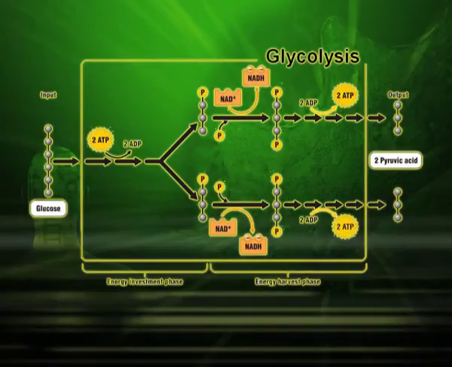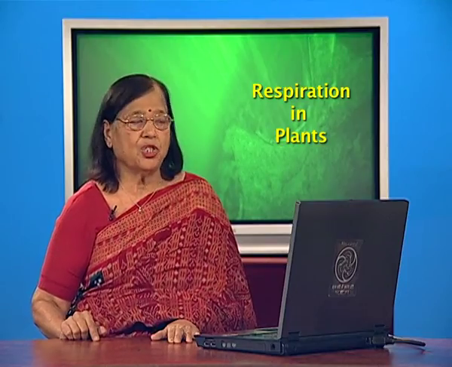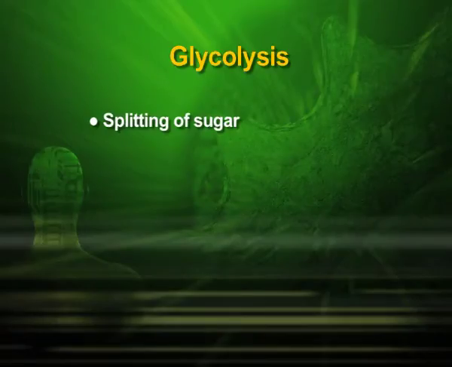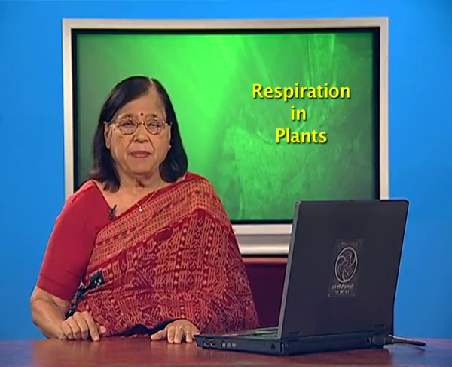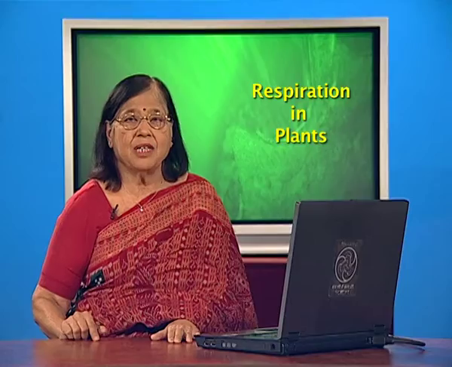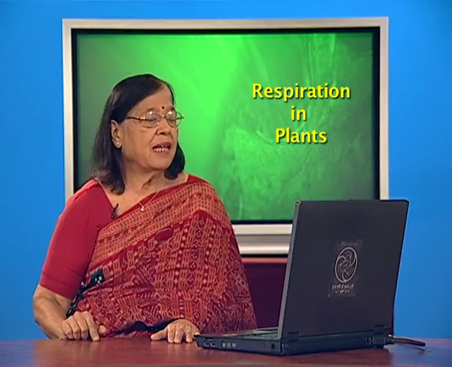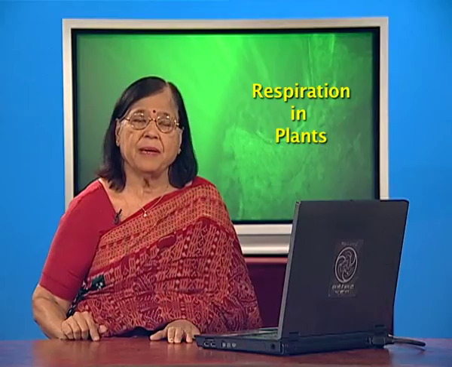During pyruvic acid formation, or during glycolysis, there will be splitting of sugar, and it will take place in the cytoplasm of the cell. ATP will be produced, and that is the energy yielded during glycolysis, and glucose is eventually converted to ATP.